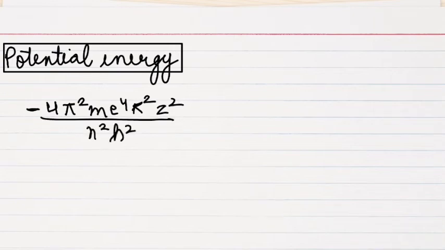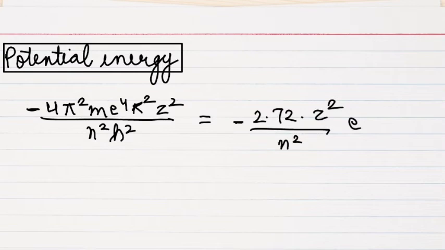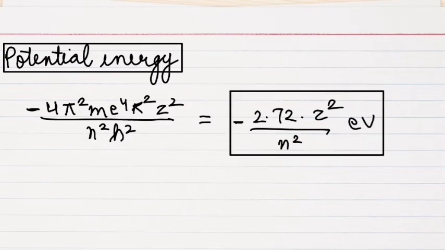Putting the values of constants, we get minus 2.72 multiplied by z square upon n square. The unit is electron volt. You have to learn this value as it is important in numericals also.